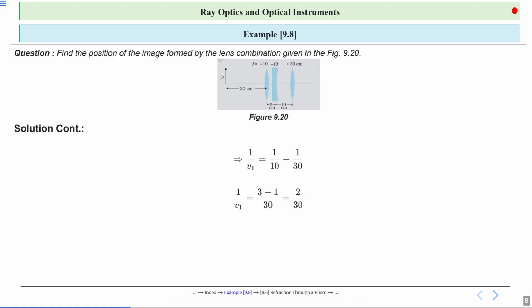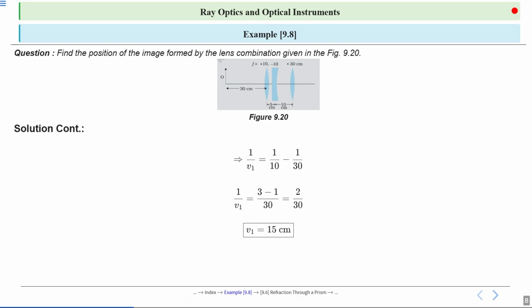Now let's simplify the equation. We subtract the fractions to get 3 minus 1 upon 30, which simplifies to 2 upon 30. Finally, we solve for v1, which equals 15 centimeter. This boxed result indicates the image position formed by the first lens.